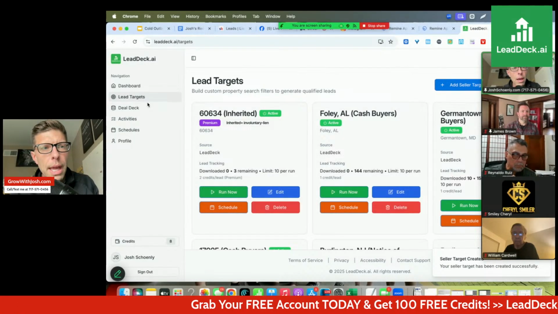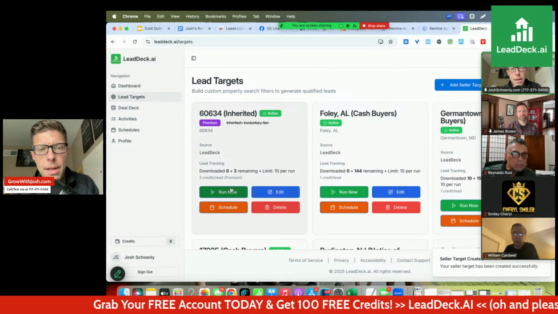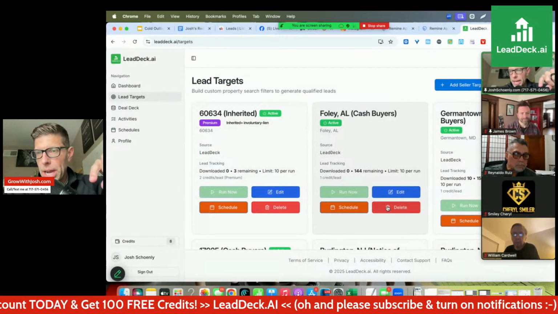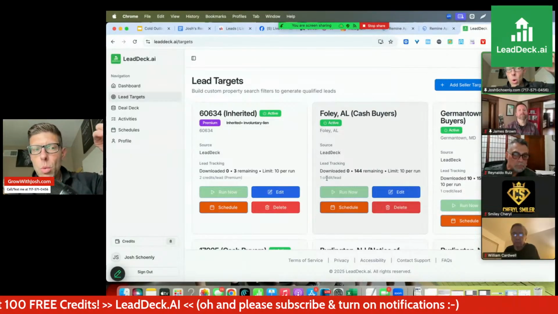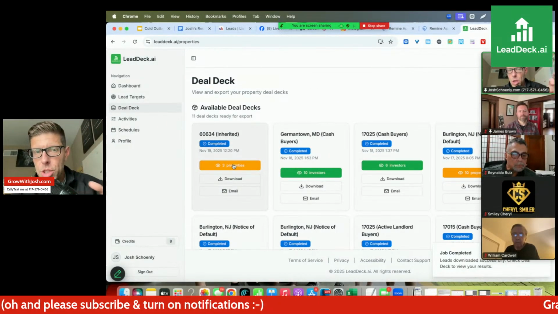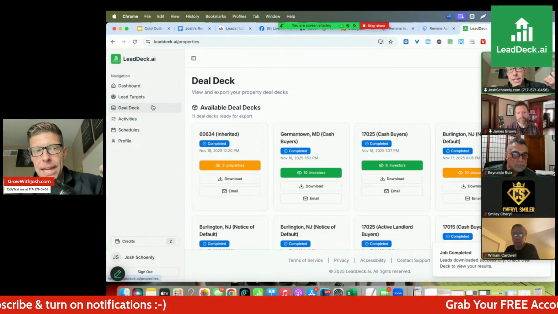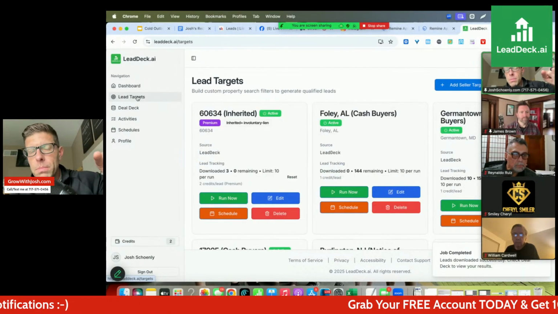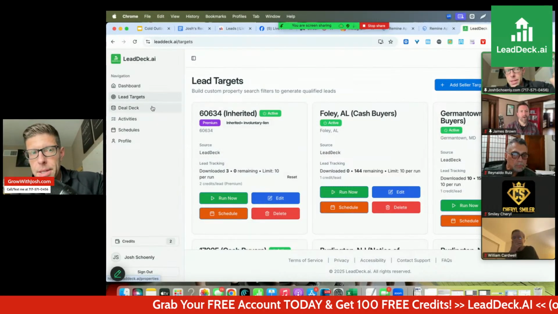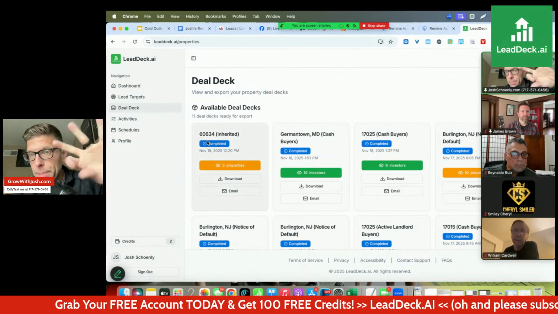Once I've got a target, it's under lead target. When I run now, notice I get this notice. It says I'm going to run these credits. Okay. So it's going to add these. Look at this. So that fast, I went from searching for them to saving the audience to running it. And if I go to my deal deck, I've got 3 properties.